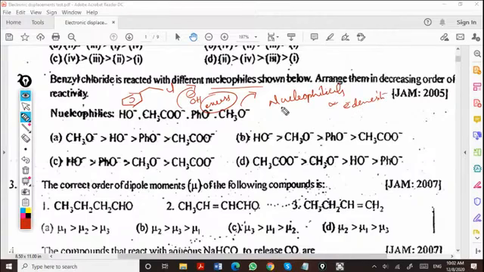Or you can consider the anion: if it is more stable, it has less nucleophilicity; if it is less stable, it has more nucleophilicity. So it is inversely proportional to the stability of the anion. Now consider you have methoxide, phenoxide, acetate, and hydroxide.